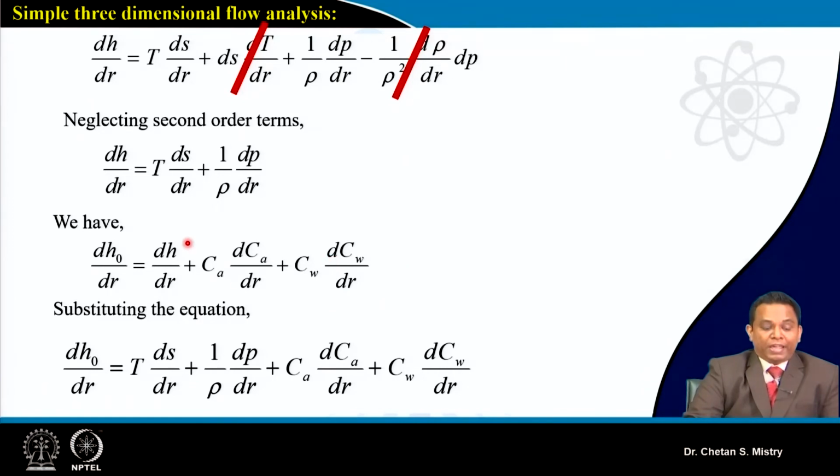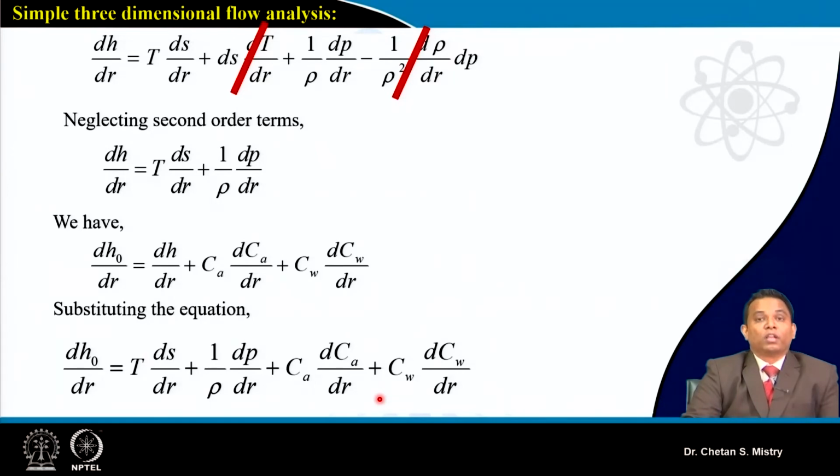If we rearrange this in terms of entropy, in place of dH by dr, I can write dH0 by dr as T ds by dr plus 1 upon rho dp by dr plus Ca dCa by dr plus Cw dCw by dr.